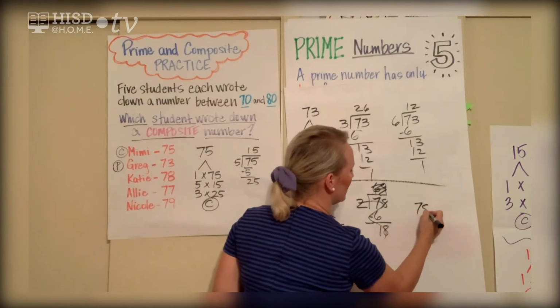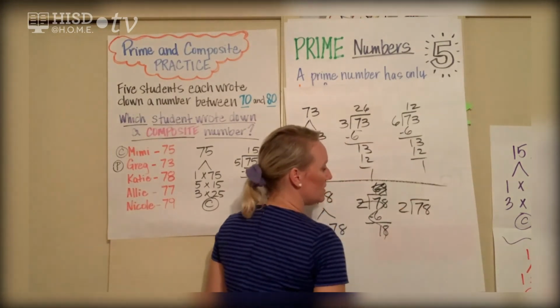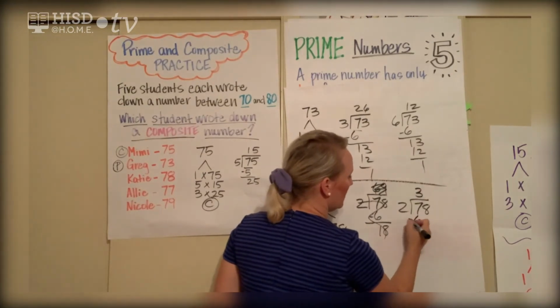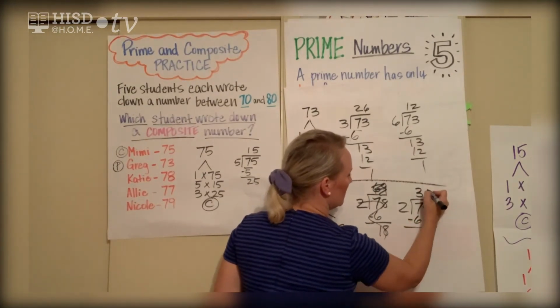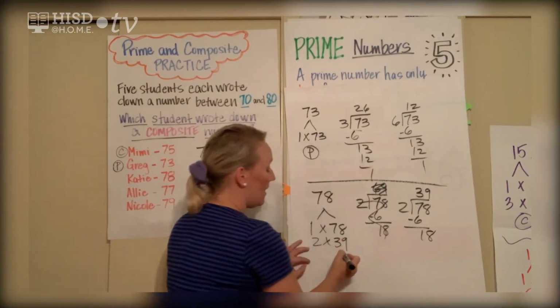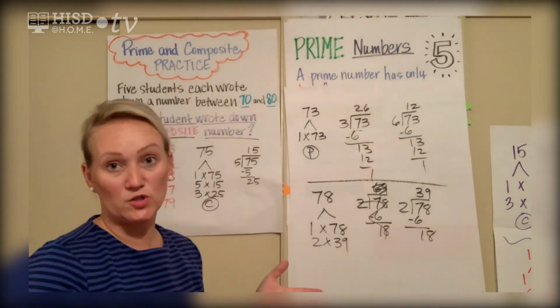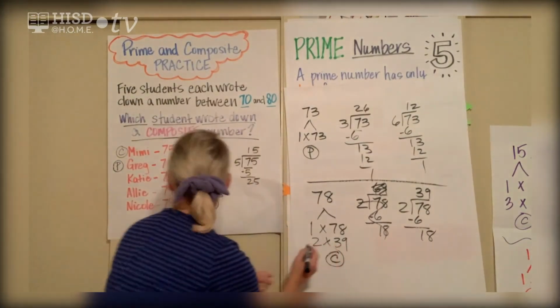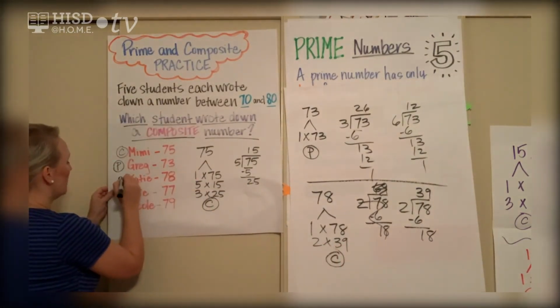That happens sometimes. Let's try that again. 78 divided by 2. 2 times 3, Miss Smith, equals 39. So 2 times 39. And I could keep testing other numbers, but I don't need to because as soon as I find that second one, bam, composite. So here's another composite number.